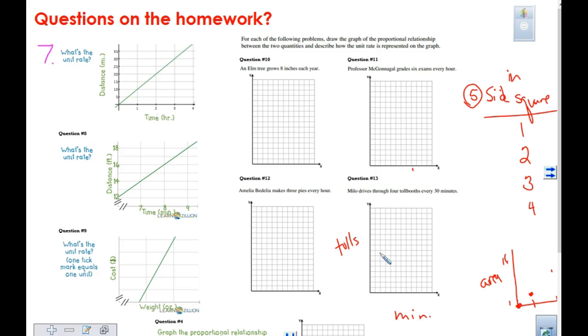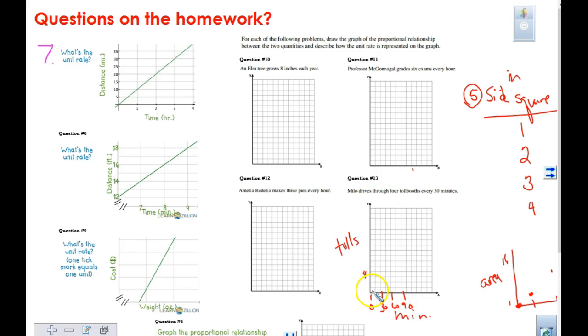And as we look at that one, we want to start off at 30 minutes. So we're going to have 0 here, then 30 minutes, then we're going to skip 1 and put 60 and 90. And our tolls going up, you could possibly go with 1, 2, 3, and have 4.